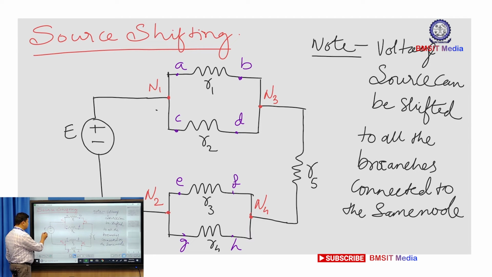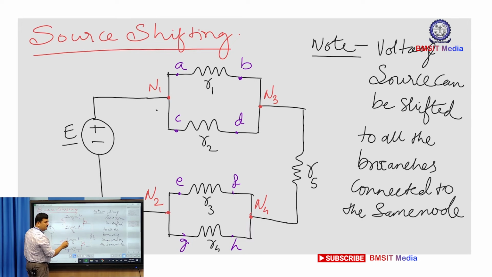Now this voltage source of E volts is connected to node N1 and node N2. So I can shift this voltage source either beyond node N1, that is in branch AB and in branch CD simultaneously, or beyond node N2, either in branch EF or GH simultaneously.